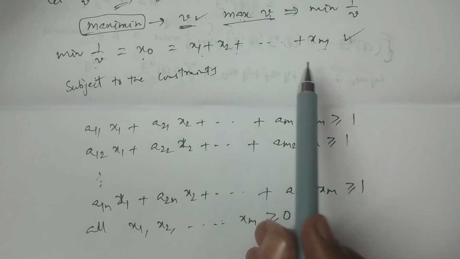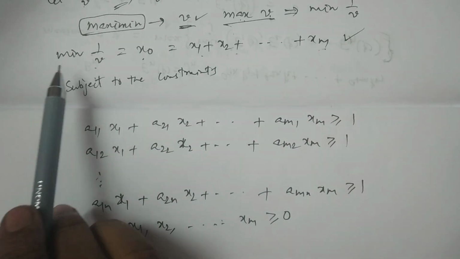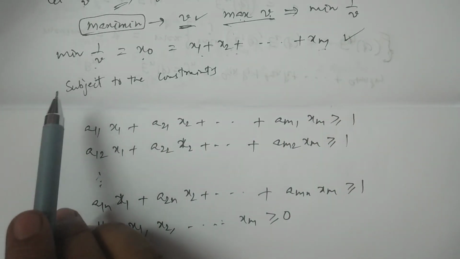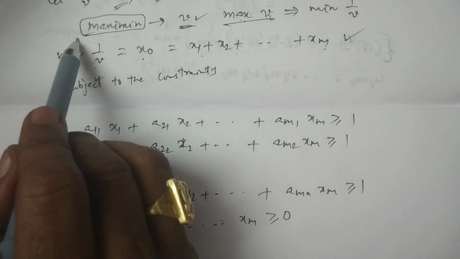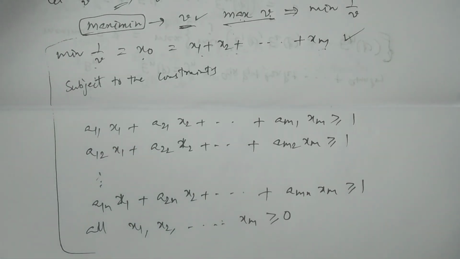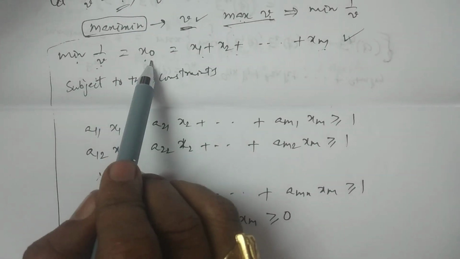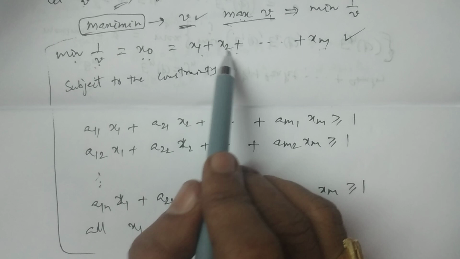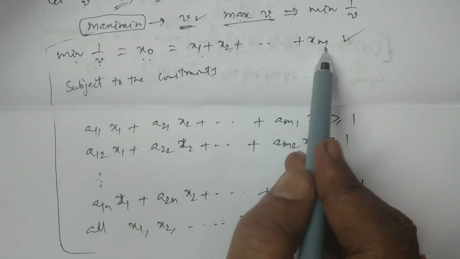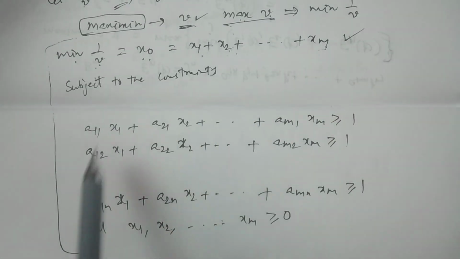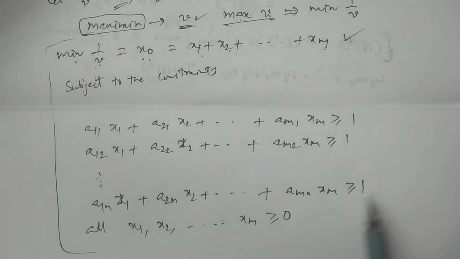So for player A, this is the linear programming problem: minimizing 1 by mu, that is x0, is equivalent to x1 plus x2 plus and so on plus xm, the objective function, subject to all greater than or equal to constraints, and x1, x2, xm greater than or equal to 0. Clear? This is the relation between game and LPP for player A.